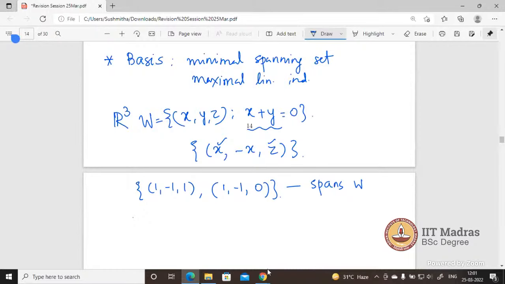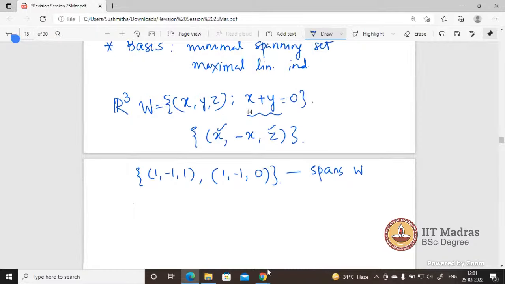Yes. If it spans W, then any element in W can be written as a linear combination of these two elements. So if I take a linear combination of these two, what will I get? Let's say you take A and B. So if you take A and B, the second coordinate will be minus A minus B, right?